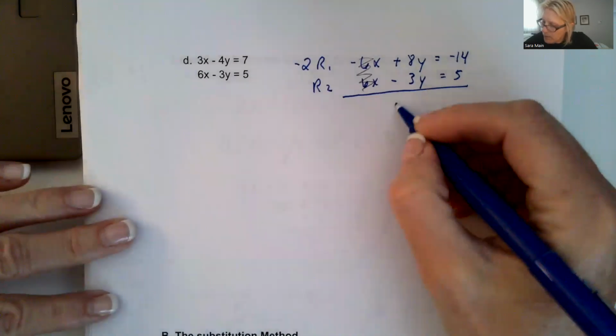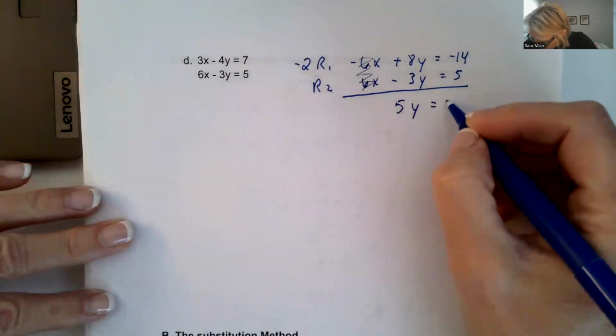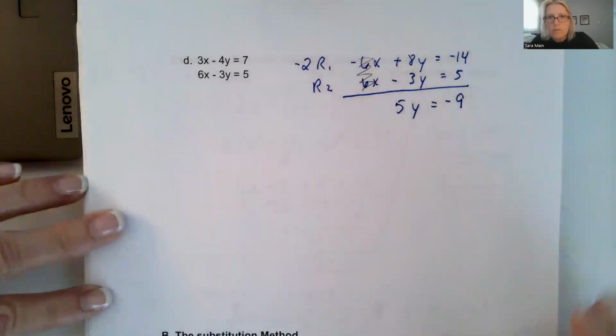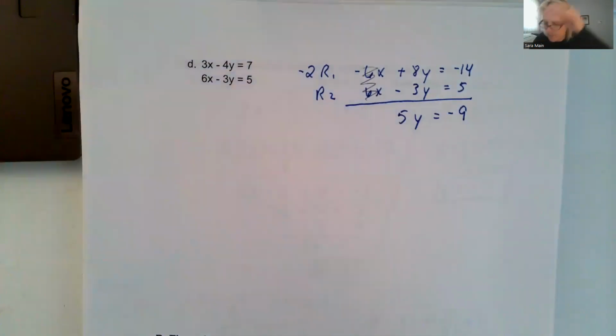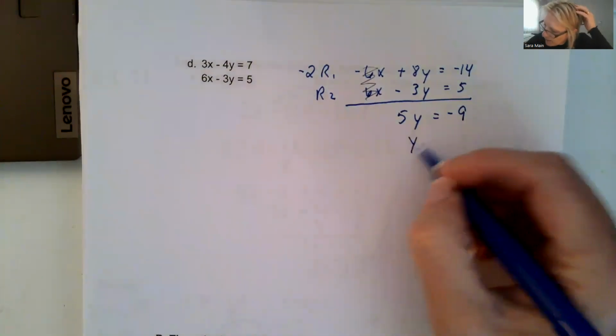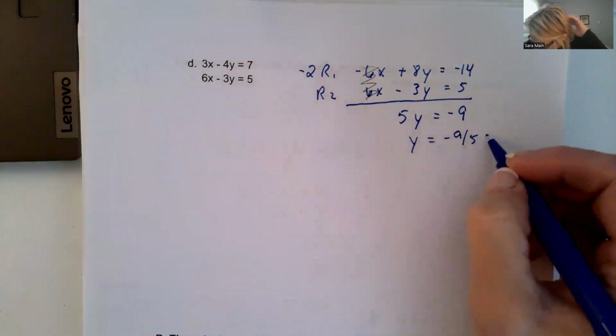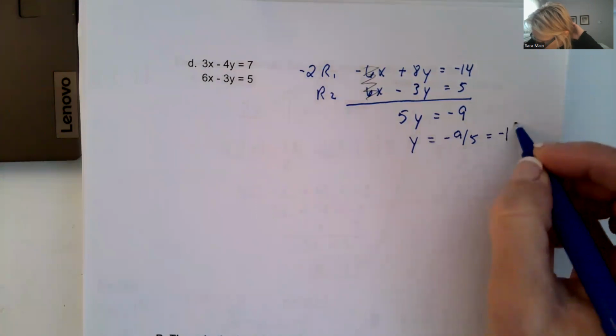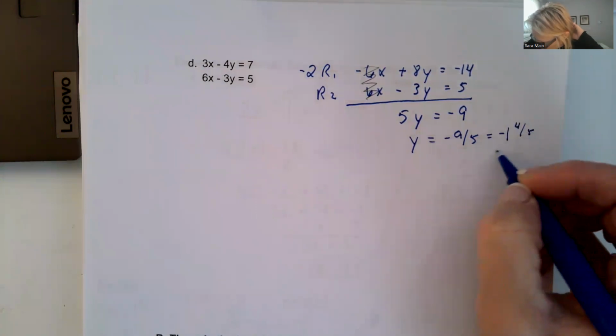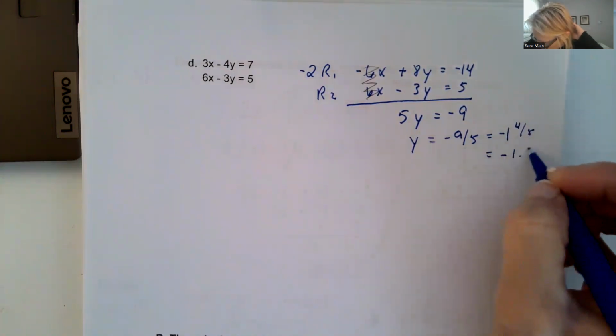And I'm left with a positive 5y equals a -9. If I divide by 5, I get y equals a -9/5, which is the same as a -1 4/5, which is the same as a -1.8.